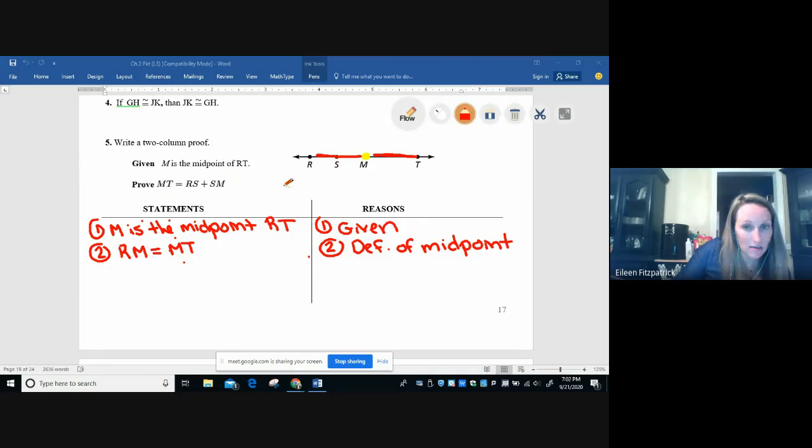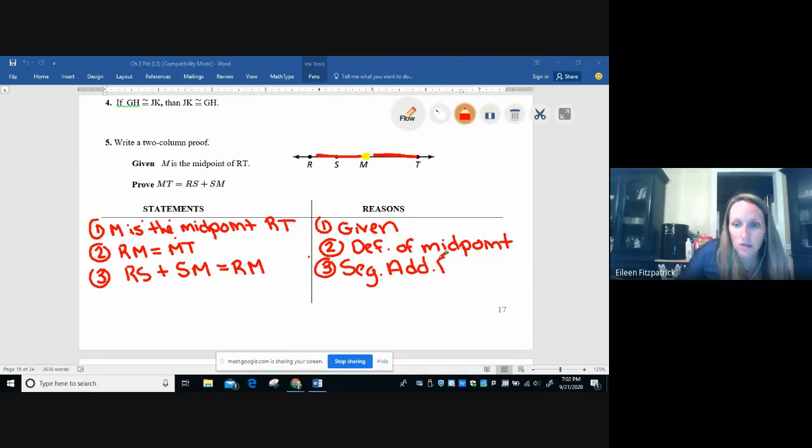But if you add RS plus SM, what does it equal? It equals RM. If you add this little segment plus this little segment, it gives you the whole segment. And how do you know that? That's the segment addition postulate.